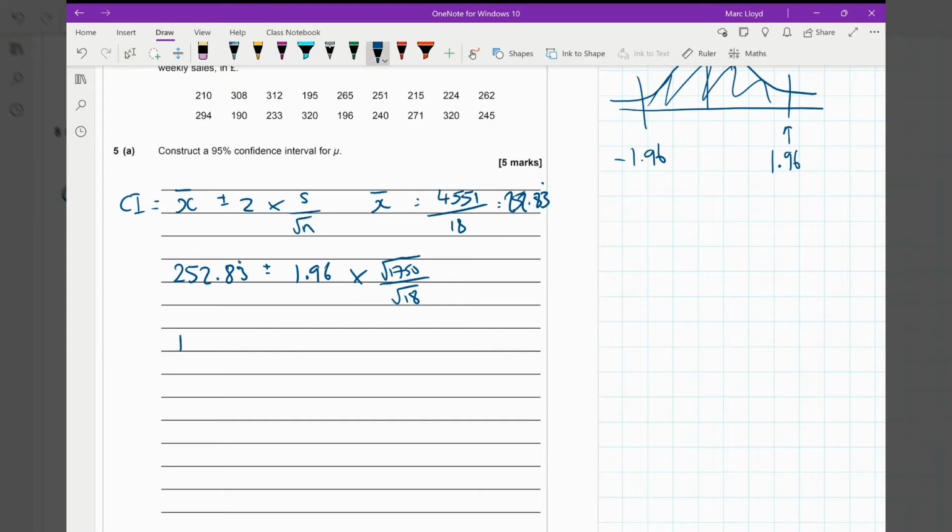So I'm just going to do the plus first, and I'm going to put that into my calculator in one go. So add, open bracket, 1.96 times by, use the fraction symbol, root 1750, and then root 18 below it. Close that bracket, and we get 272.159194, and I'll shorten that to 272.16.